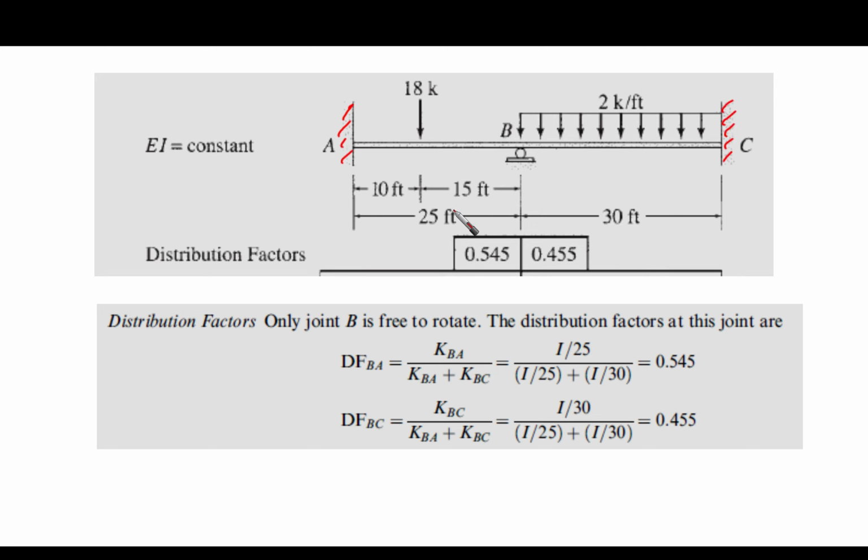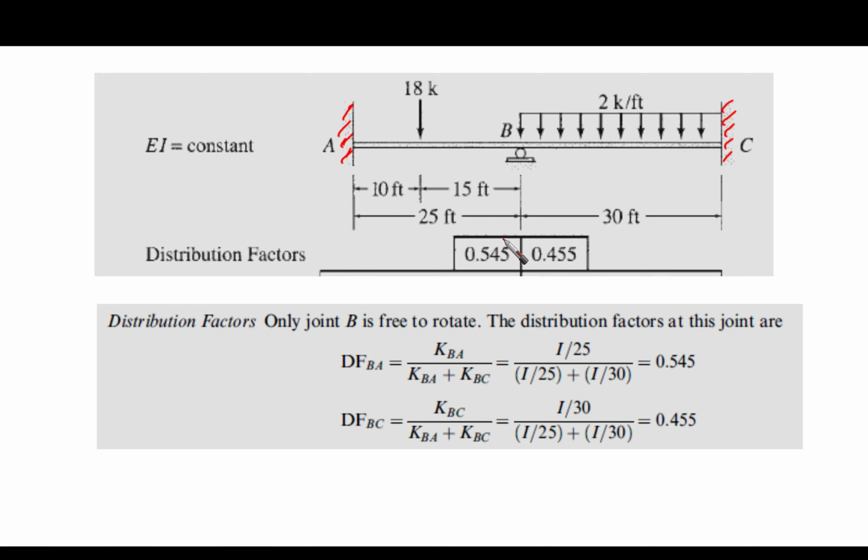Point A is fixed and point C is fixed; only point B is going to be free to rotate, right? So we are going to calculate the distribution factor at this point, because the others are fixed, so it is going to be easy for us. We're not going to make the balancing for point C or point A, only for point B, balancing the free points only.